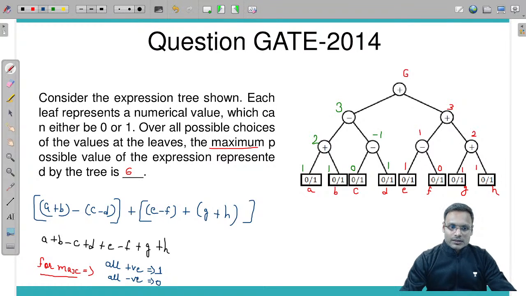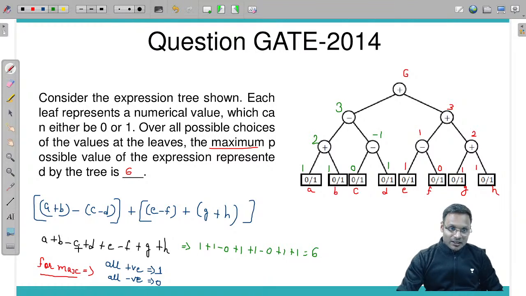If you will do this, what expression you will be getting, what values you will be getting? 1 plus 1 minus 0 plus 1 plus 1 minus 0 plus 1 plus 1, answer is 6. You can see variable C you will put at 0, yes I have taken at 0, and F you will take as 0, yes I have taken at 0, and you can get maximum value 6.